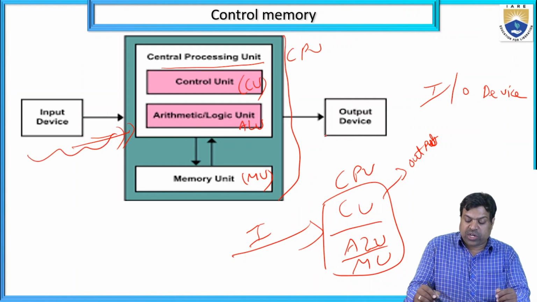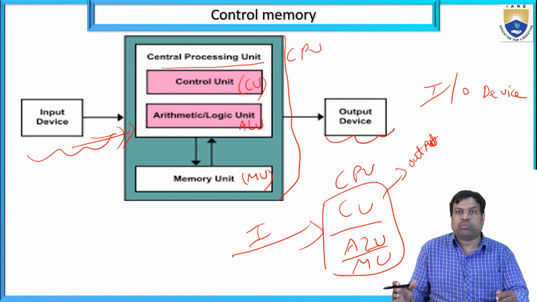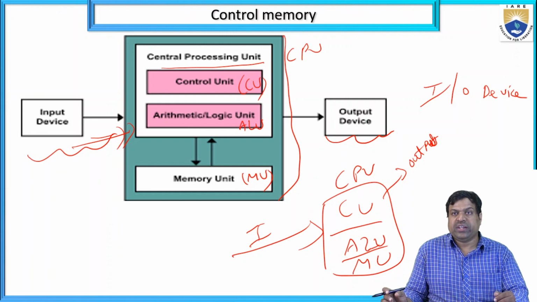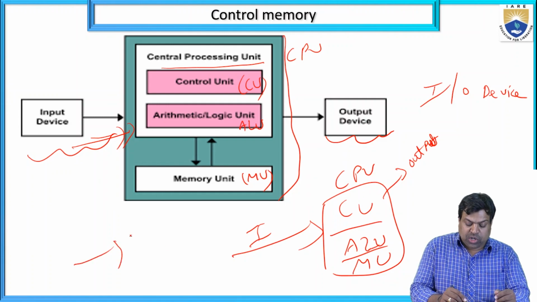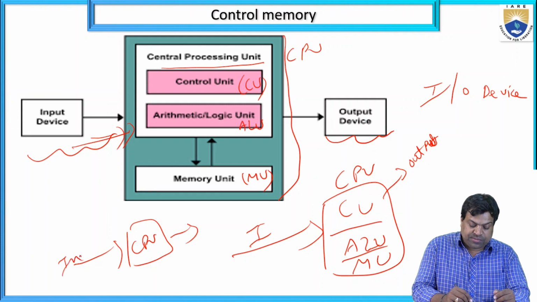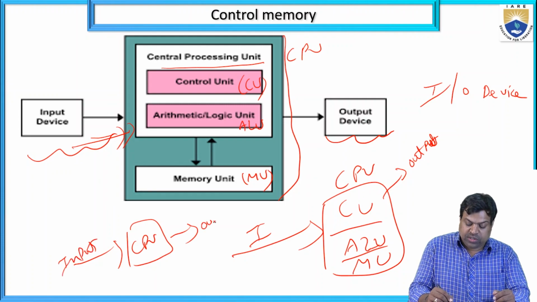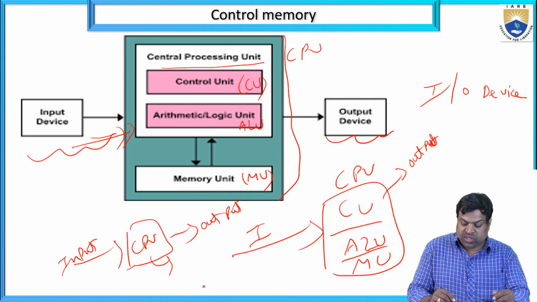What is the process going on between the input and output? The control unit, arithmetic logic unit, and memory unit. These are under the CPU. Between the input and output there is the CPU. Input, output, and CPU. In the CPU, there are three: CU, MU, and ALU.